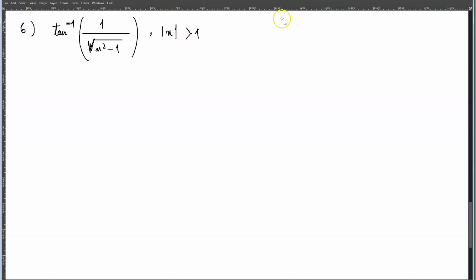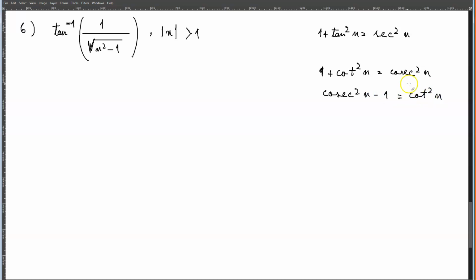Now we said that 1 plus tan squared x is equal to secant squared x, and we said that 1 plus cot squared x is equal to cosecant squared x, which means that I can write this one as cosecant squared x minus 1 is equal to cot squared x, and I can write this one as secant squared x minus 1 is equal to tan squared x.